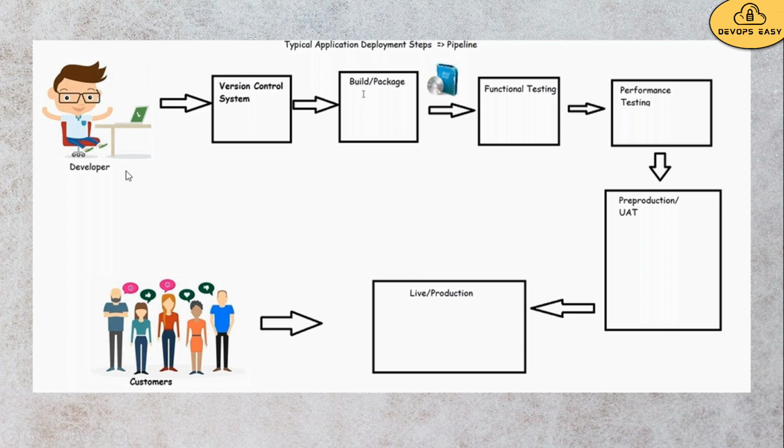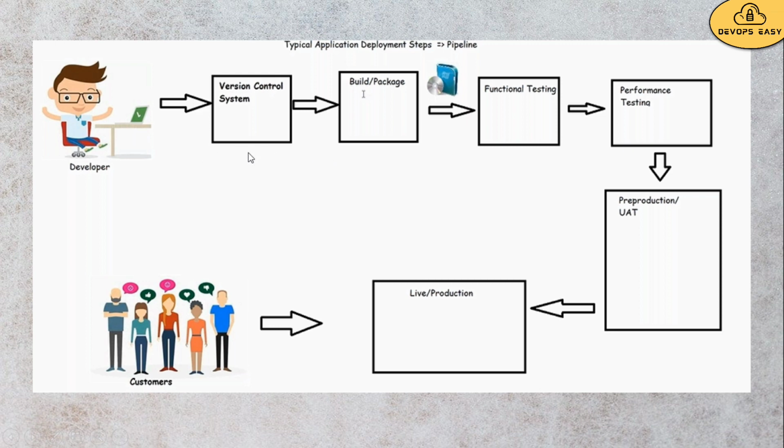The developer will write code and store it in a version control system, and that code will be converted into a .exe file. For suppose, if I want to install the Chrome browser in my operating system, I will download just the .exe file, double tap, and use that application. In the same way, the tester will not understand the code.